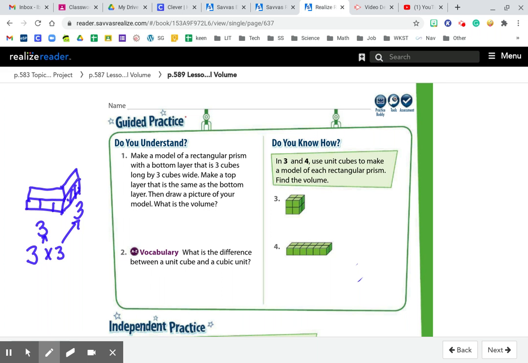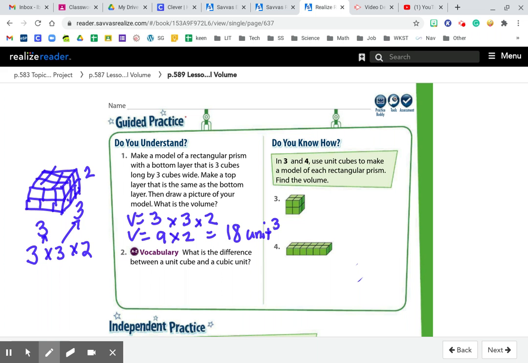So my height, a terrible drawing, but my height is going to be 2. So the volume equals the length times the width times the height. So I'm going to have 9 times 2. So I'm going to have 18 unit cubes.